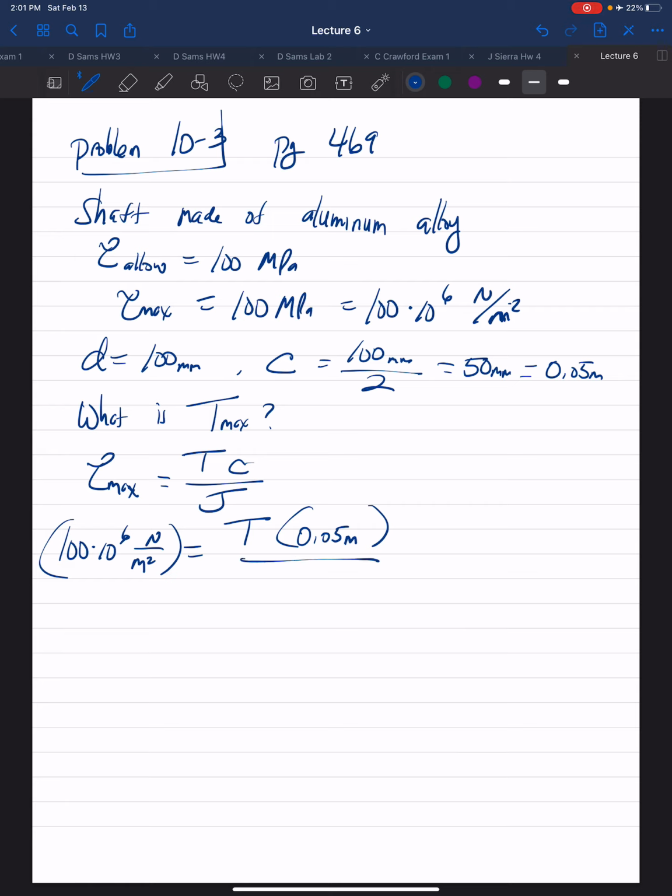Now, we said for a solid circular shaft, J from our equation is pi over 2 times C to the 4. So plugging that in here, our J will be pi over 2, our C being 0.05 meters to the 4th power.